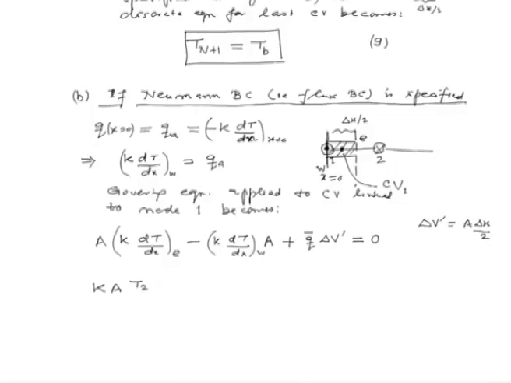So, we get T2 minus T1, and please beware, this is a half width control volume, so this is delta x by 2, minus q a plus q bar A delta x by 2 is equal to 0.